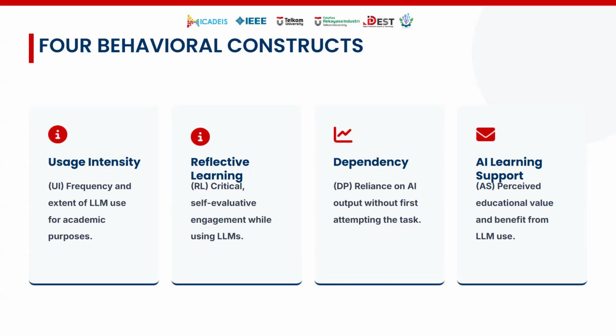Usage intensity and dependency primarily describe observed behaviors, and the other two, reflective learning and AI learning support, address cognitive and evaluative aspects. Together, they provide a comprehensive picture ranging from functional usage to deeper cognitive engagement.